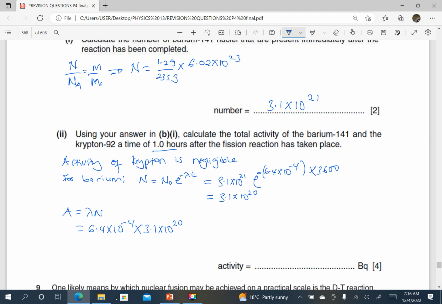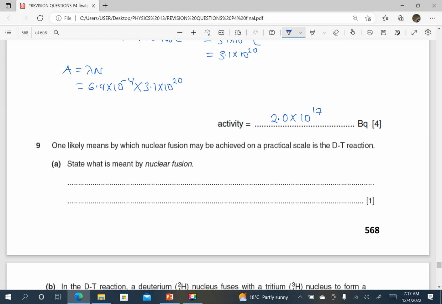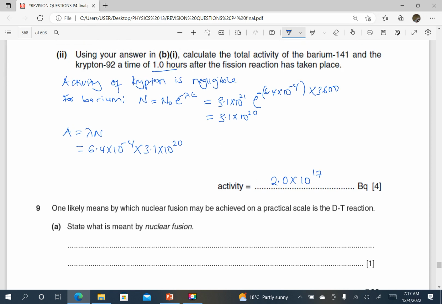This is giving me 2.0 times 10 power 17 becquerels. Remember, this is the total activity because that of krypton is negligible. Otherwise, if it was not negligible, we would add it to that of barium to find the total activity. But since it is negligible, the only activity is that of barium.